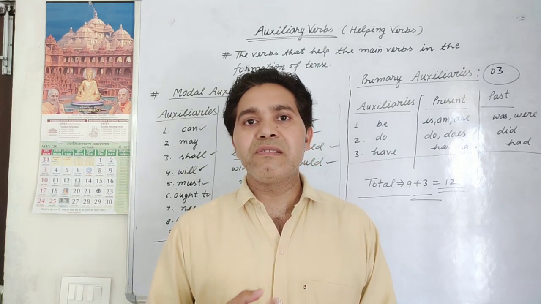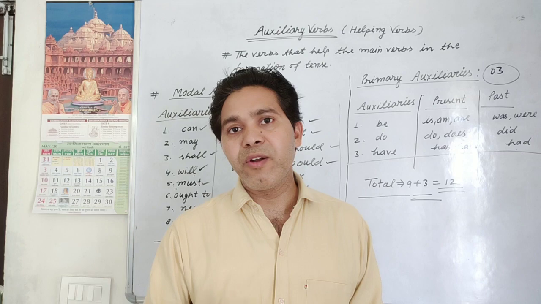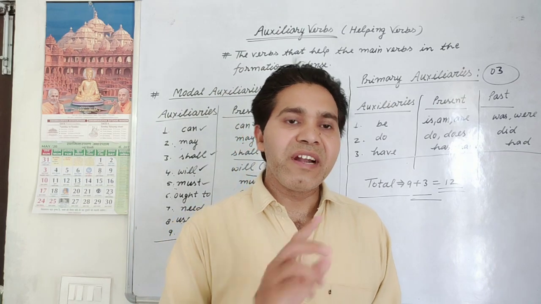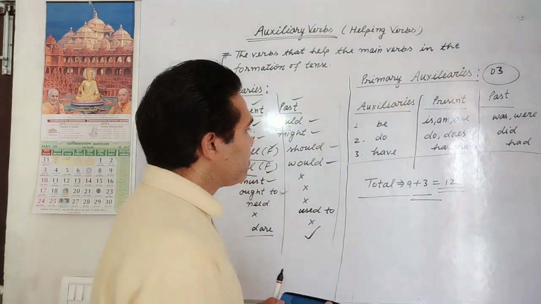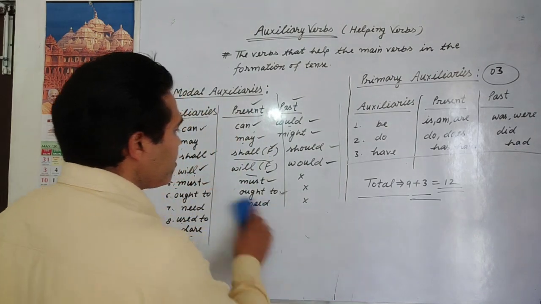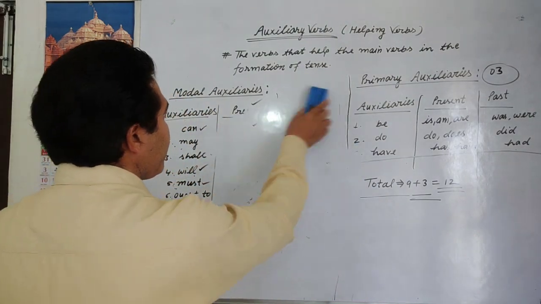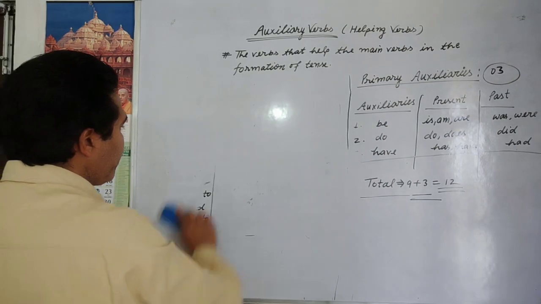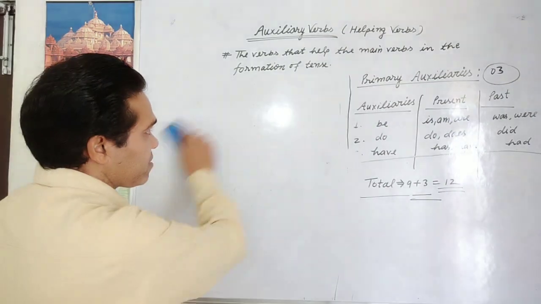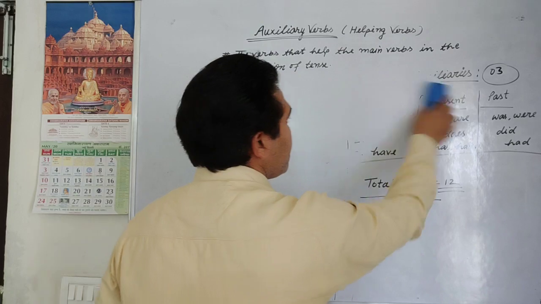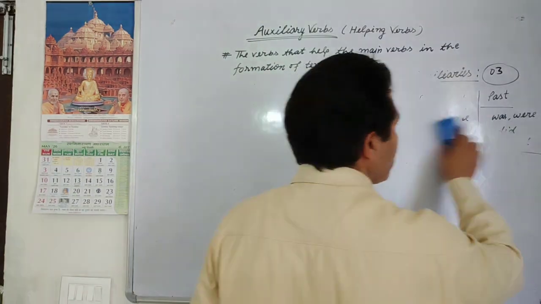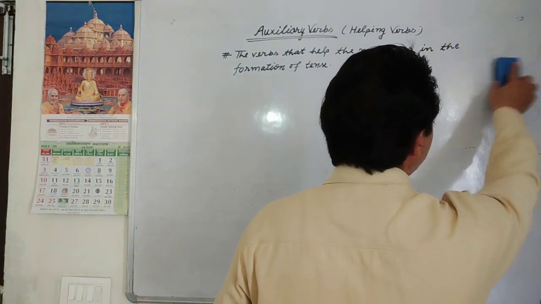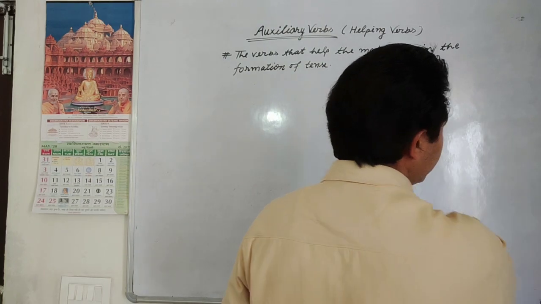In this way, can shows ability to do something in a present tense. Okay, examples I am writing here. As I have told you, can shows ability to do something in a present tense, and could shows ability to do something in a past tense.